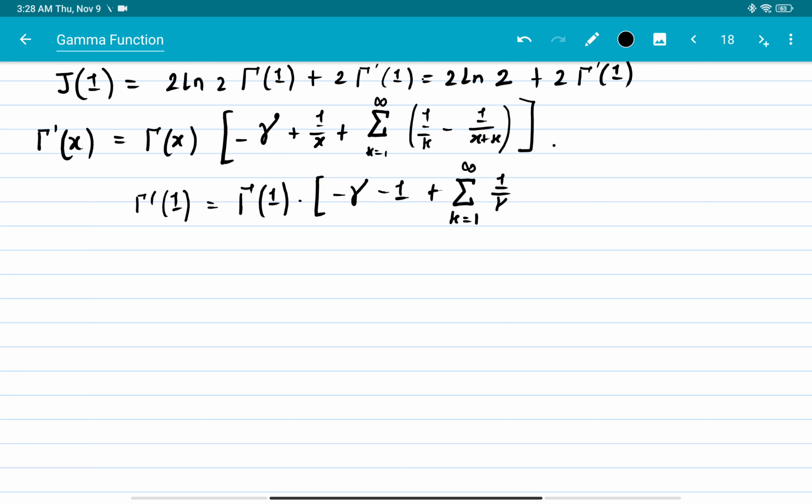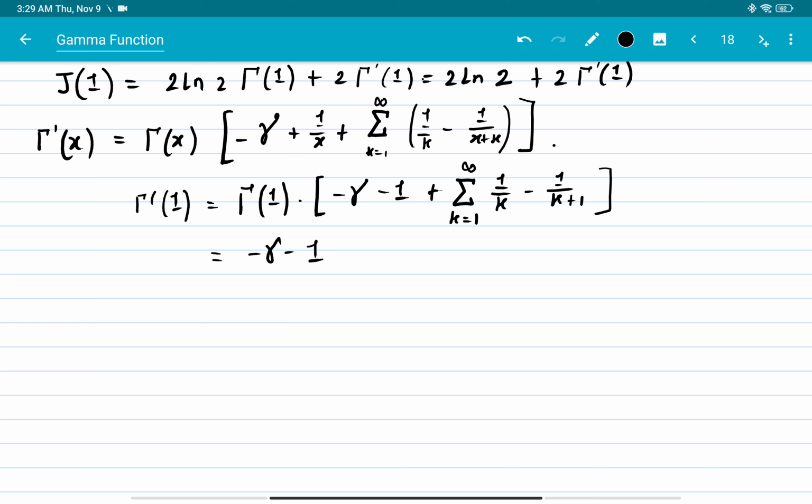So 1 by k, that is 1 on k plus 1, as x equals 1, so k plus 1. So this gamma 1 is 1, so minus gamma minus 1.